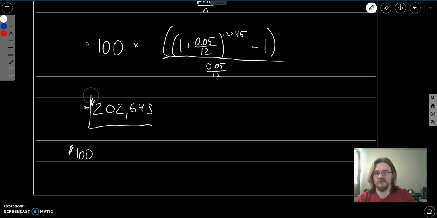So if we pay $100 every month, and we do that each month of the year, and we do that for 45 years, this is how much money we will actually have paid into the account ourselves.